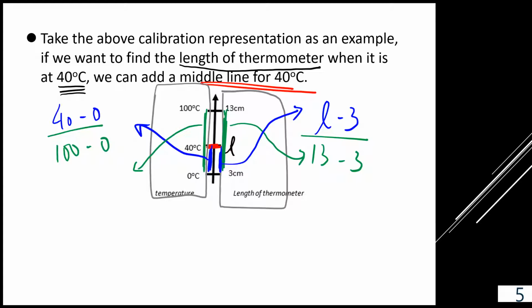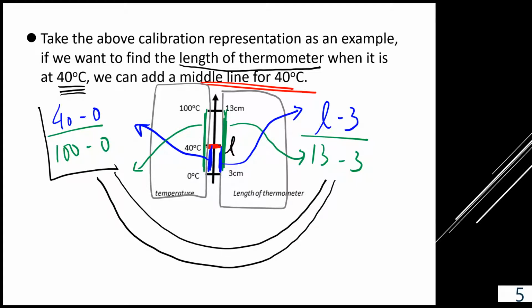Because the two ratios are talking about the same line, these two things must be the same. They must be equal to each other, and that's why we can get the following relationship.